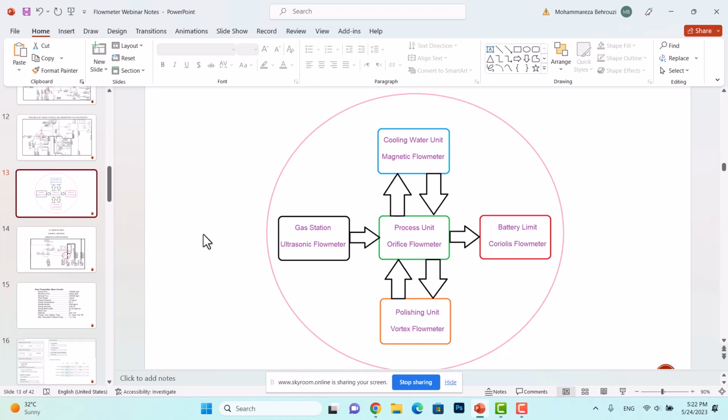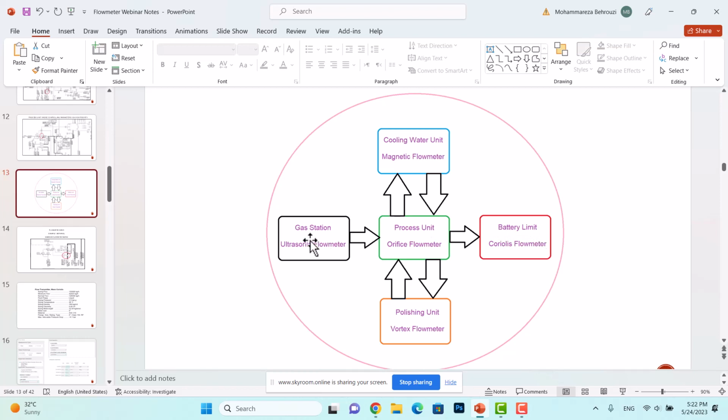The gas from the refineries enters the gas station for regulation, measurements and filtrations, then goes to the process units. We do some actions on them and produce the products, and at the battery limit we sell our products.